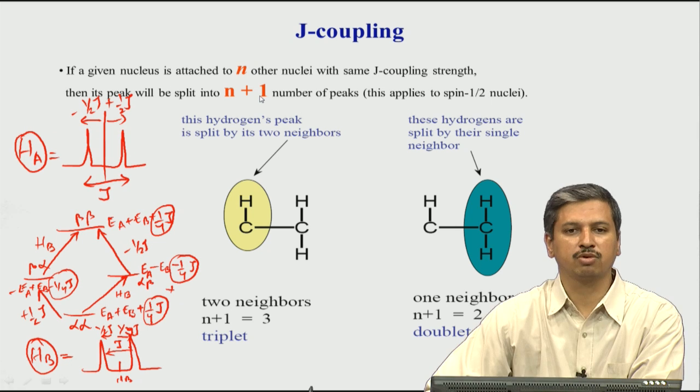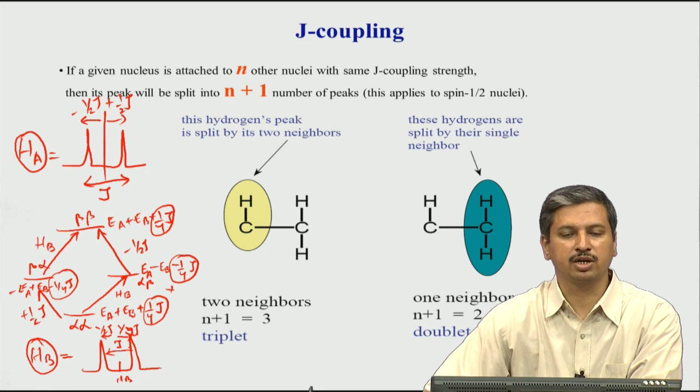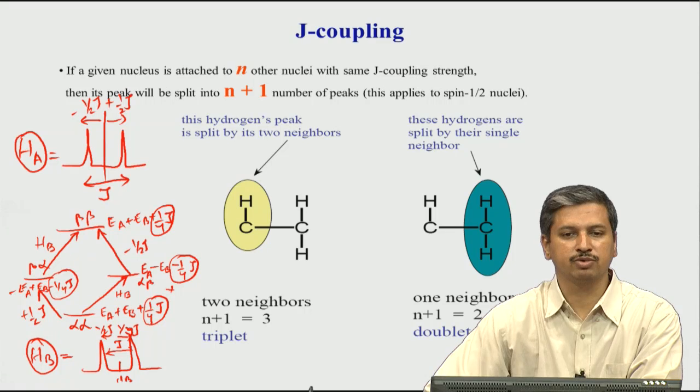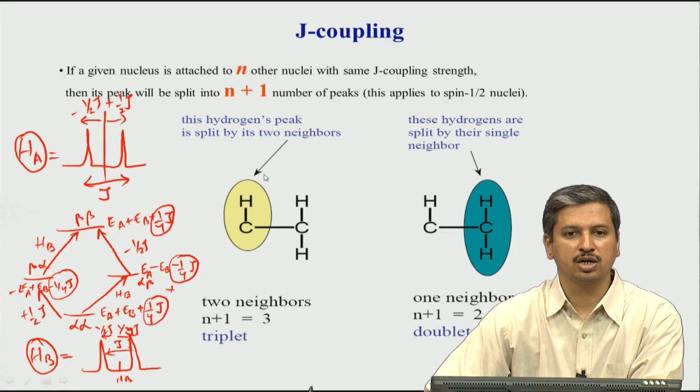This n plus 1 rule, remember, applies very specifically only to a particular case. What is that condition which should be satisfied? Number 1, the hydrogen should be coupling with the same value to 2 different hydrogens. These 2 different hydrogens need not be chemically equivalent, but the value of coupling of this hydrogen to this hydrogen and the value of coupling of this hydrogen to this hydrogen should be the same.